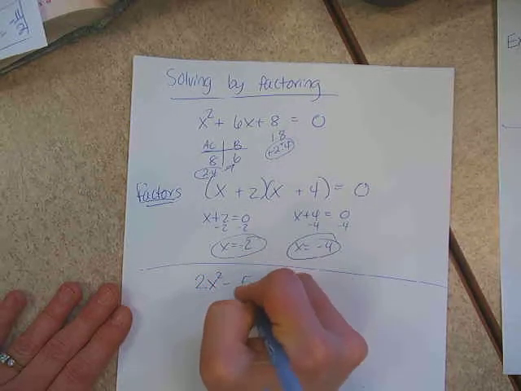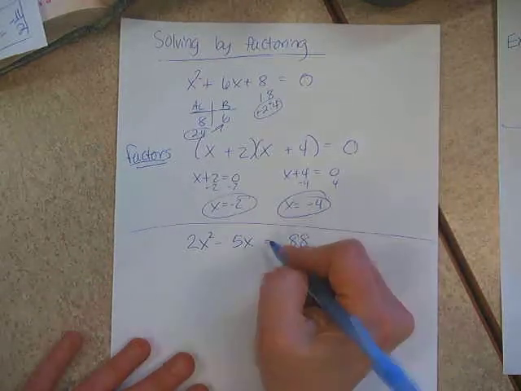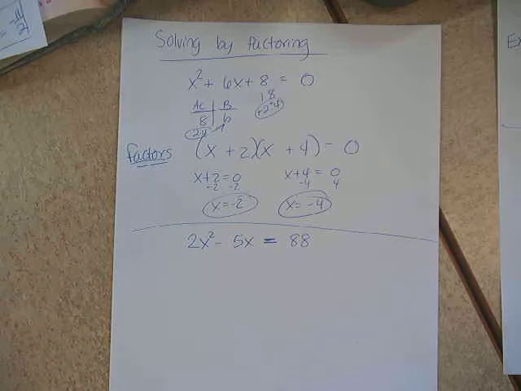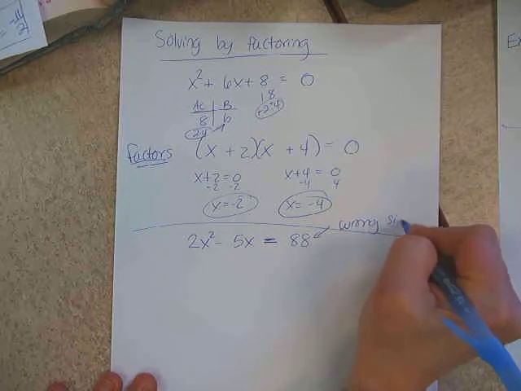Okay. So we're going to do another one. Now, what do you notice about this one that when you're factoring should raise a red flag? The 88 is on the wrong side, right? You can't have an equal sign in the middle of your quadratic. It has to be equal to 0, okay?